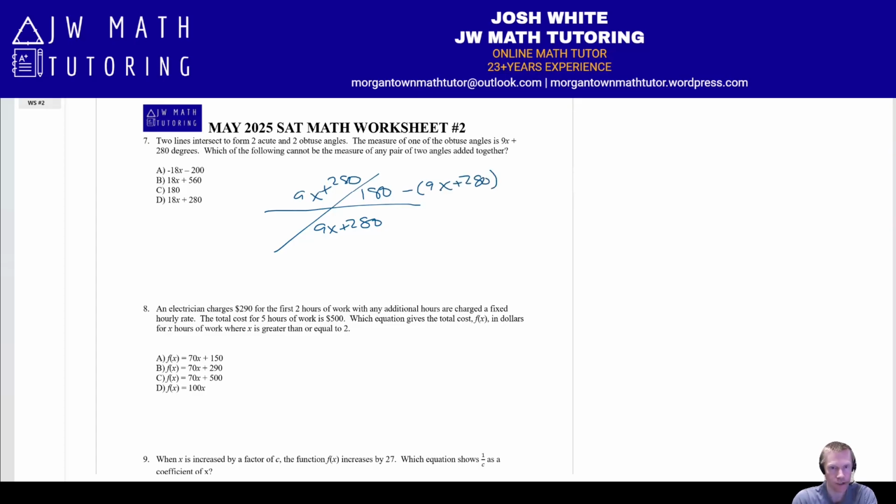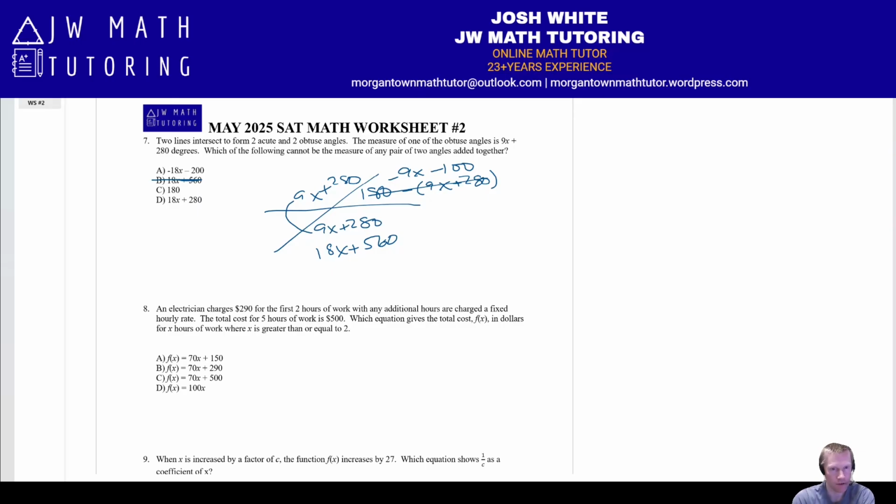When you do that, it simplifies to negative 9x, and then 180 minus 280 is minus 100. So now all you're doing is adding up the various combinations. If you add up these two, it's 18x plus 280 plus 280, which is 560. This one's out.